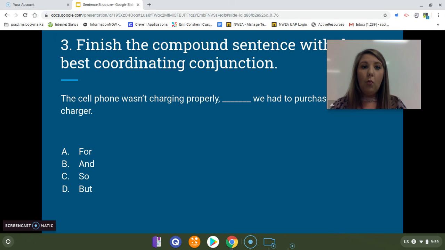For, and, so, but. So the best word there is going to be so, because you're giving the reason why. It wouldn't work properly, so then you had to do this, okay? The cell phone wasn't charging properly, so we had to purchase a new charger. So that would be your answer for that one.